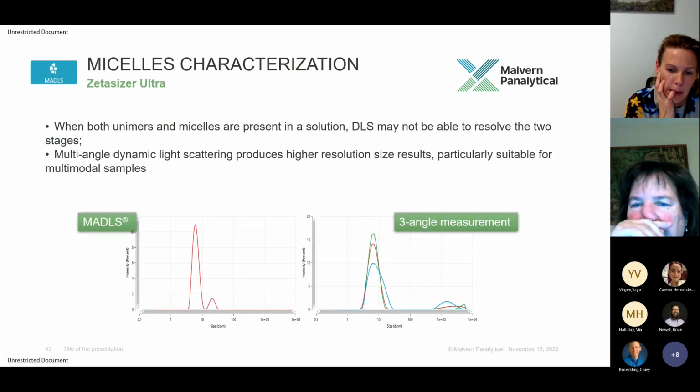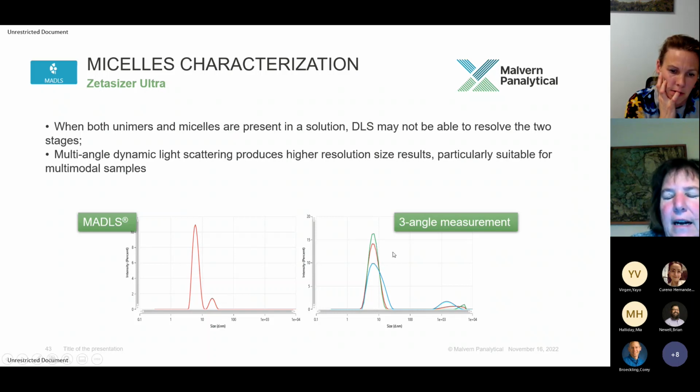But just to show you, we also did a MADLS study, a multi-angle dynamic light scattering study. And as I said, you do a backscatter measurement, a 90-degree, and a forward angle. So you do get the size results for the 3 measurements.